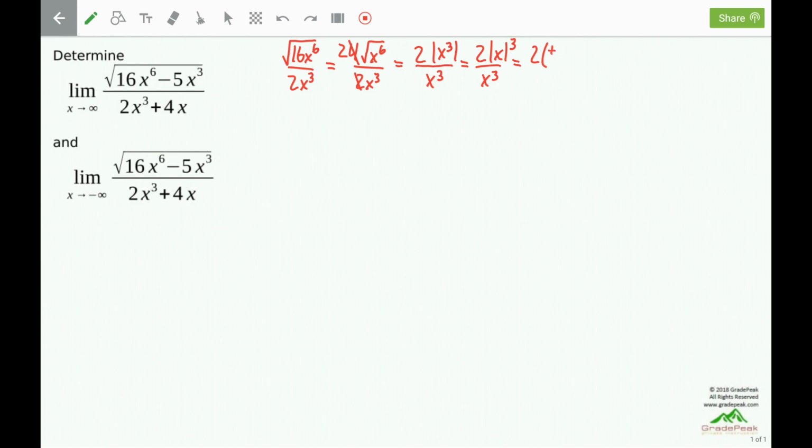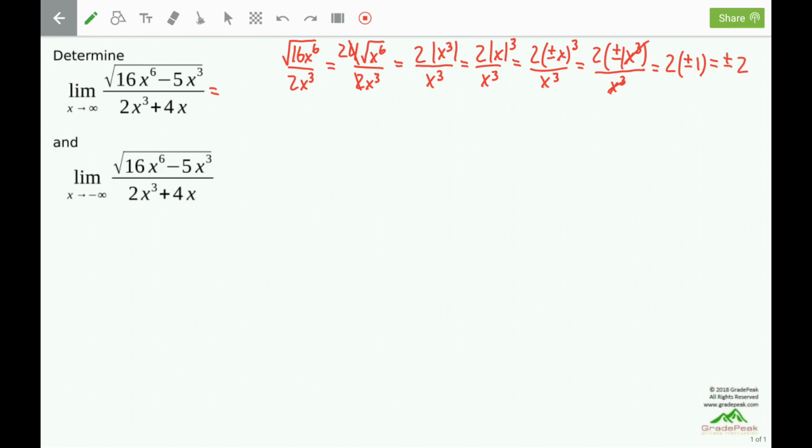The absolute value of x is equal to positive or negative x, depending on whether x is positive or negative. A positive cubed is positive, a negative cubed is negative in x cubed. The x cubes can cancel, leaving 2 times a positive or negative 1, which equals positive or negative 2.